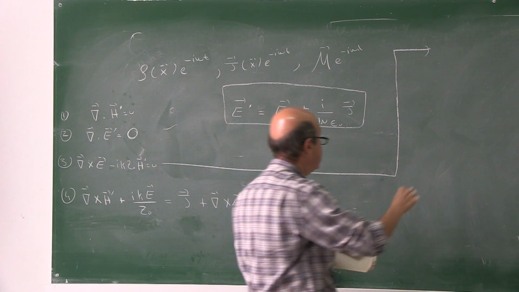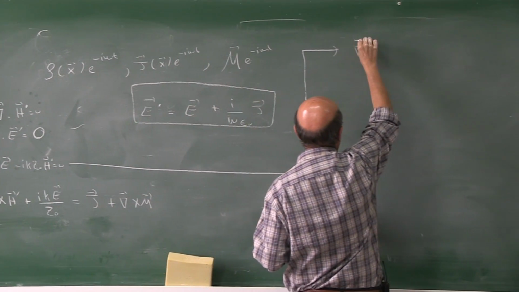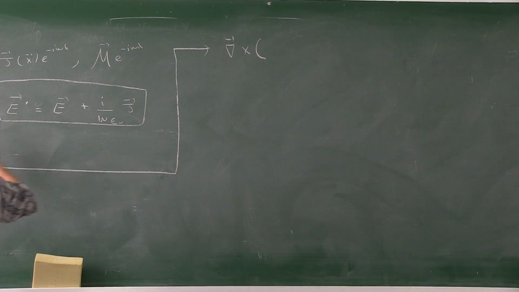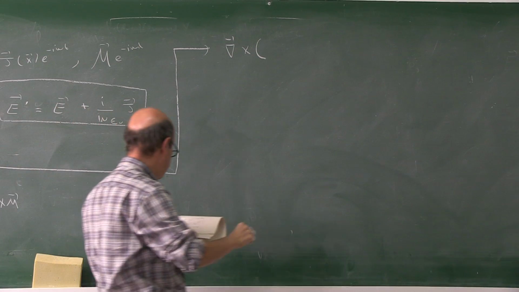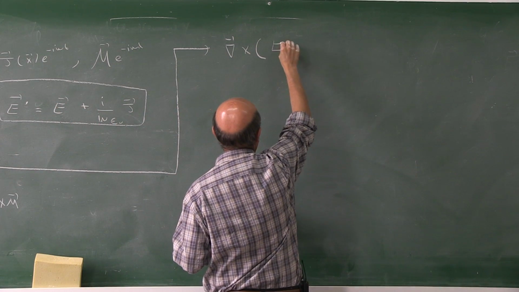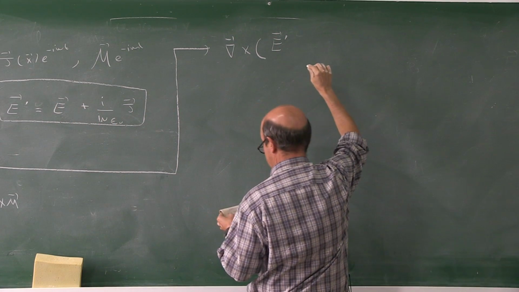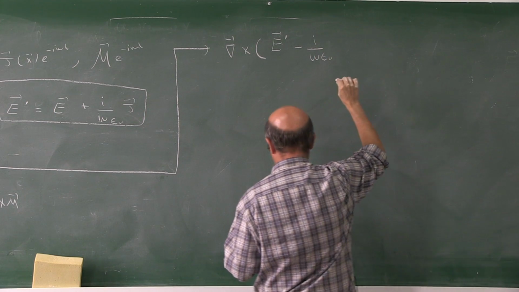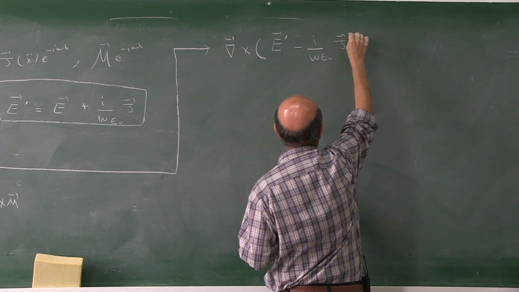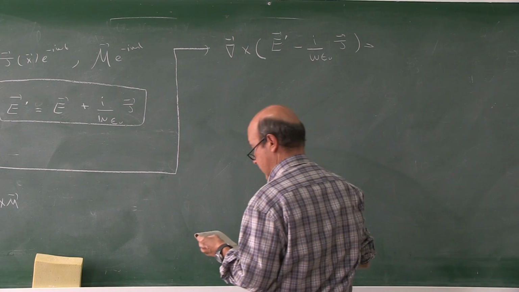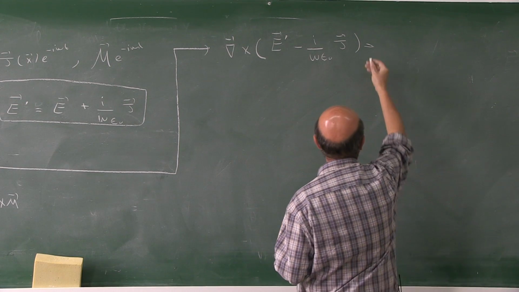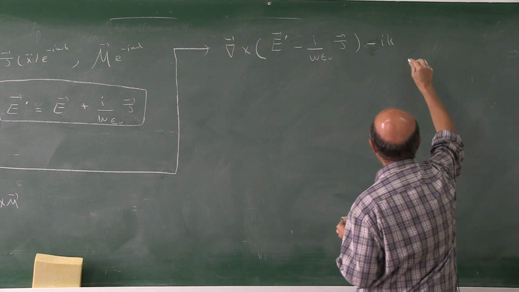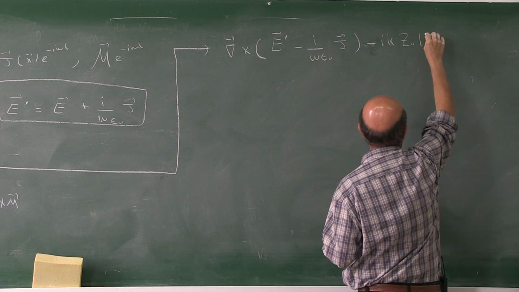Instead of E, write in terms of E prime, that will be curl of E prime, I omega over epsilon 0 current density, is equal to minus I k Z0 H prime.